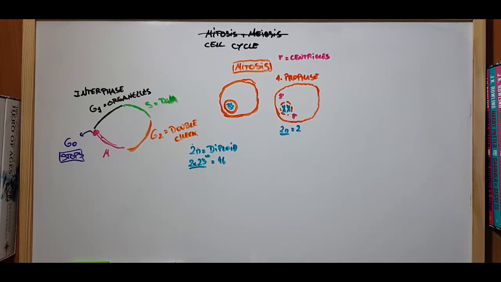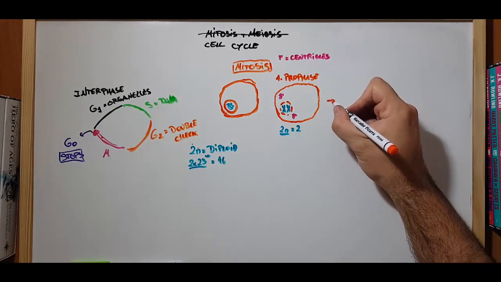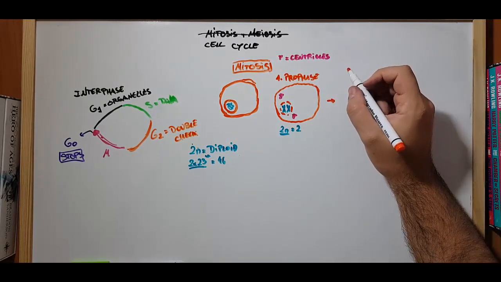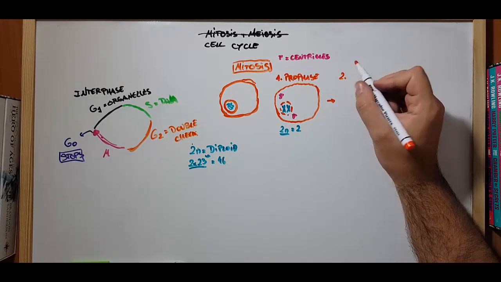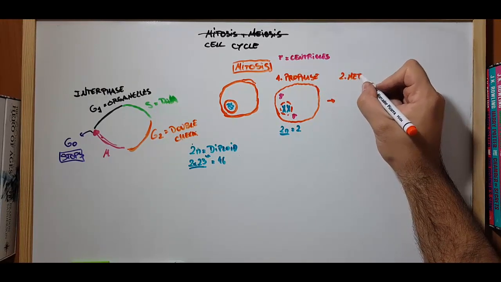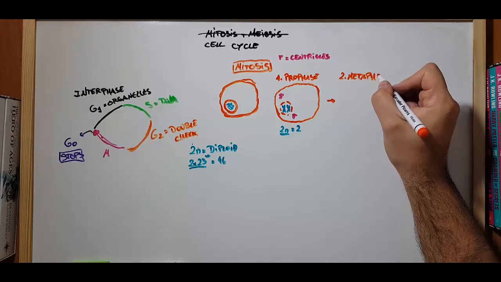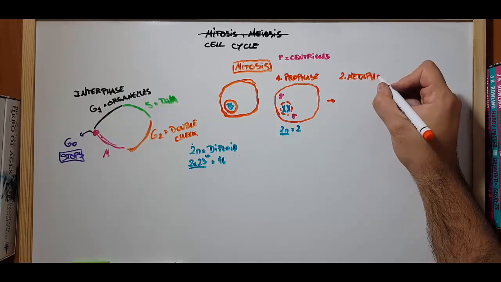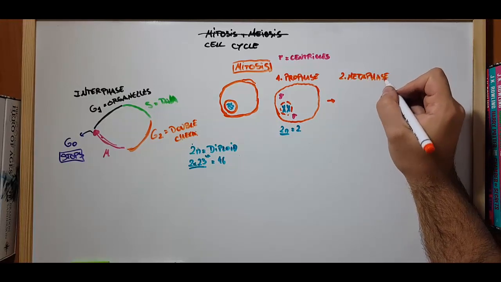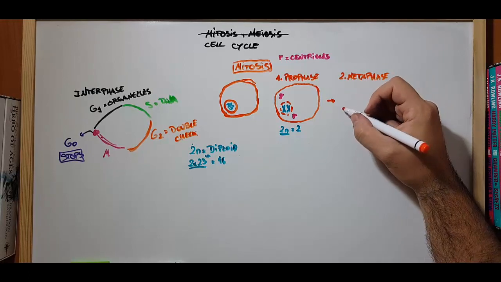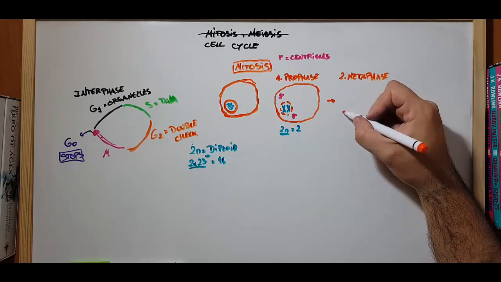Then we're going to have the metaphase. In the metaphase, this is a really quick gathering of the mitosis, okay? There will be detailed PowerPoint presentations with every phase in the near future.